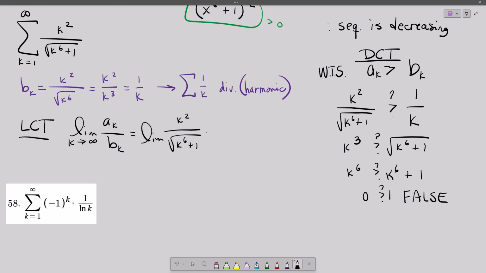We divide by B sub k, which means multiply by its reciprocal. And see what we get for the limit. If this limit is a constant, if it exists, then both series do the same thing. So this is the limit of k cubed over this.